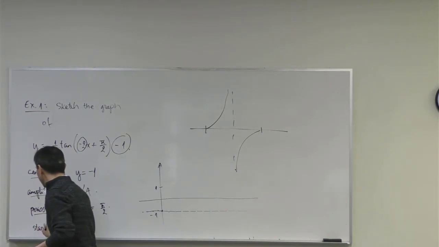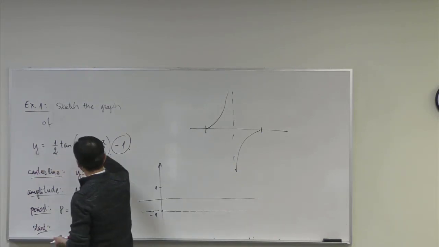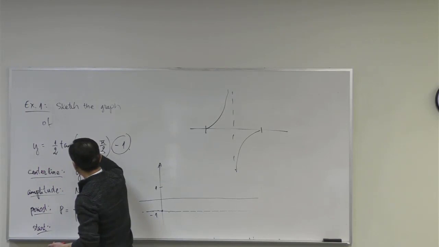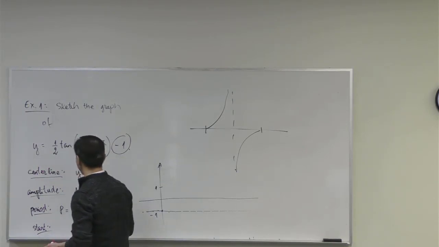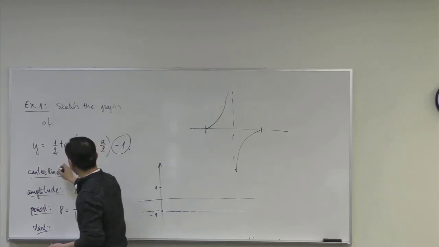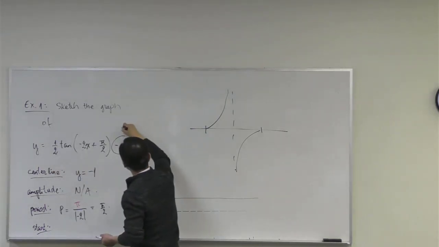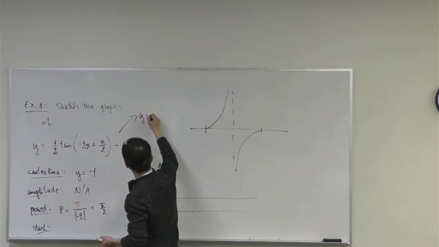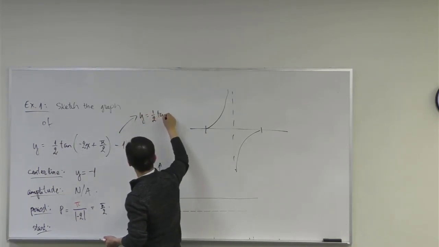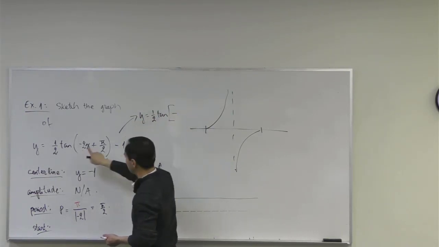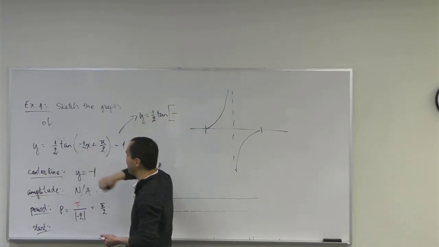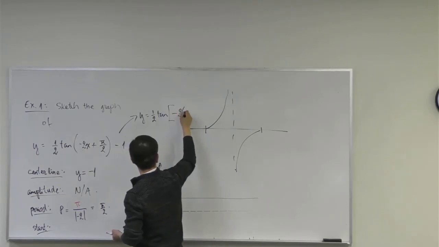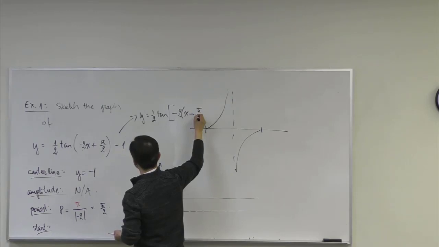And then you've got to find the start. How do we identify the start? Very same trick that we've done. That's why we spent a good amount of time learning about the sine and the cosine function. I can rewrite my function as y equals 1/2 tangent in brackets, factoring out the front coefficient of the x, -2, and then x minus pi over 4, -1.